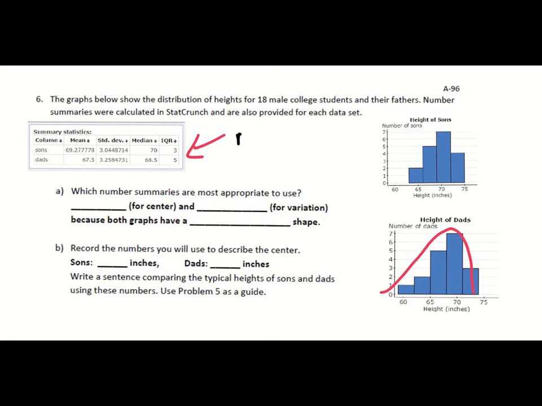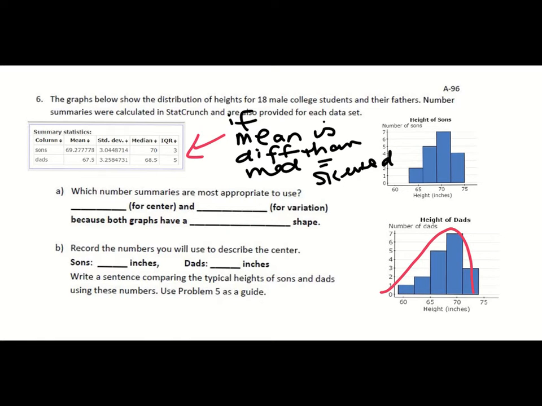So if your mean is different than your median, then your graph is skewed. You're going to use median and IQR. So it says which number summaries are appropriate to use. That would be your median for your center and your IQR for your variation, because both have a skewed graph.